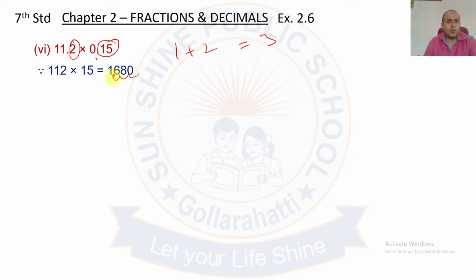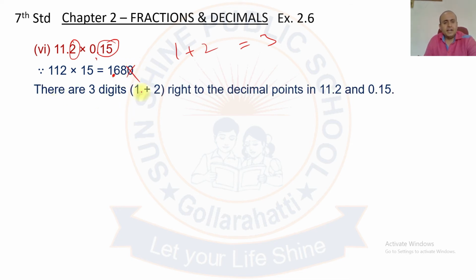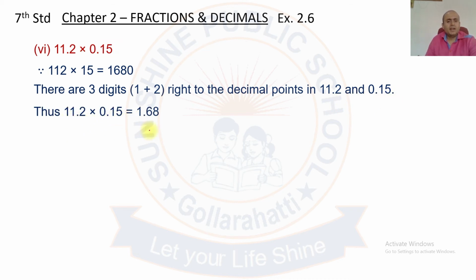Answer is 1.680. The answer becomes 1.680, and after the decimal point we will not consider the last zero, so the answer is 1.68. There are 3 digits, that is 1 plus 2, to the right of the decimal points in 11.2 and 0.15. When you multiply 11.2 into 0.15, the answer you get is 1.68. Therefore this is the answer.